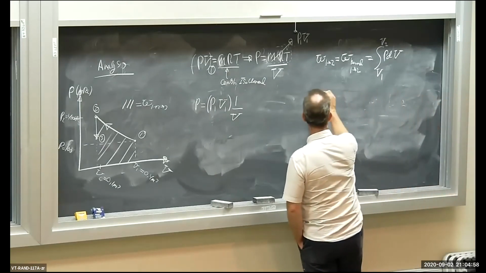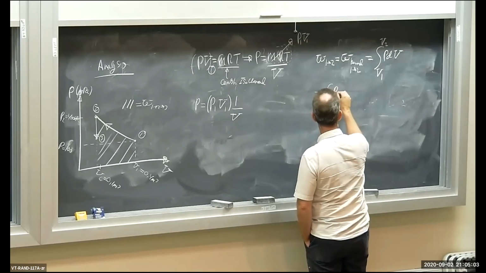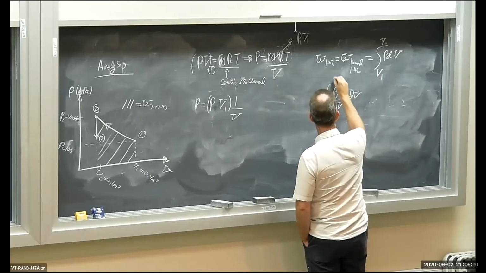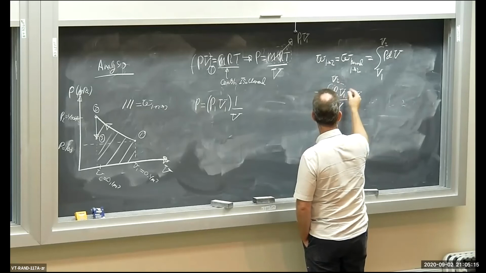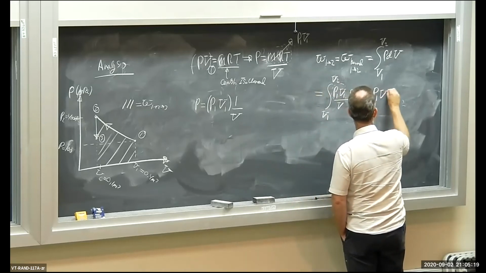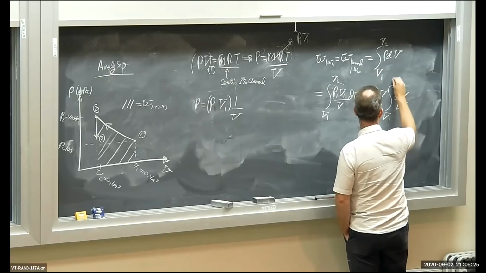Okay, let me make the substitution here then. Integral of P1 V1 over volume, d volume, and that goes from V1 to V2. P1 and V1 are constants, so I can pull them out of the integral, and I get P1 V1 integral dV over V, again from V1 to V2.